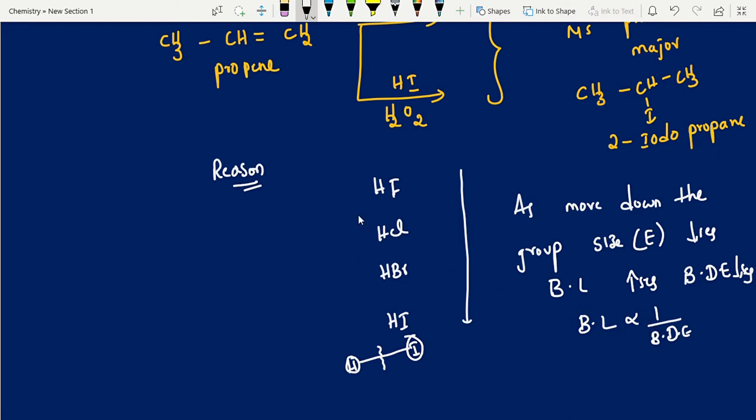Now, students, homolysis. Where are we doing homolysis? Peroxide. We are using peroxide, HELP is required, no? Peroxide means it definitely undergoes homolysis. Homolysis is nothing but, first, what is the first step?